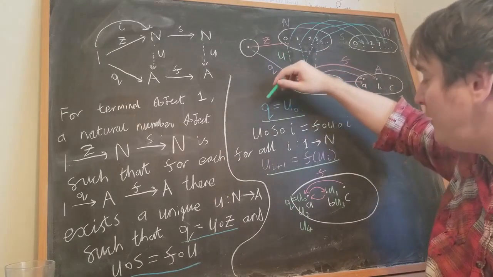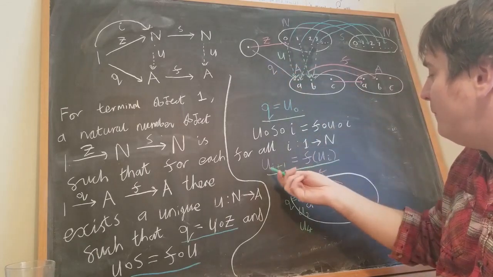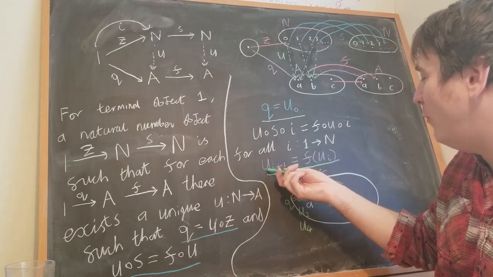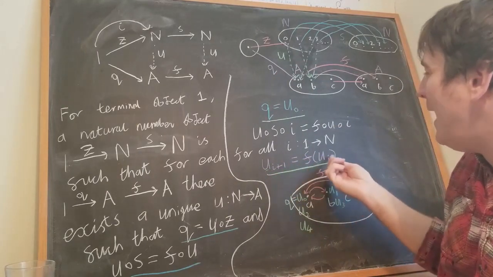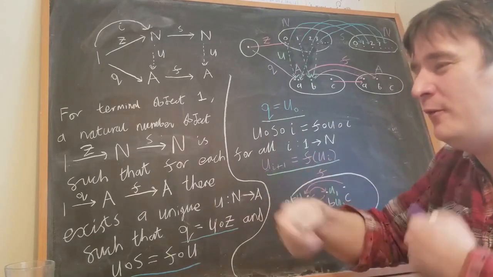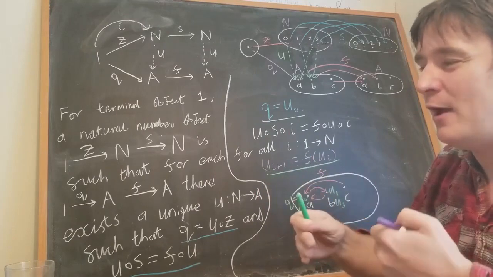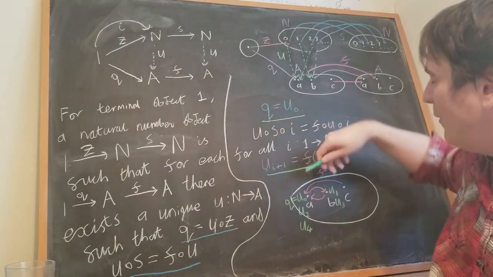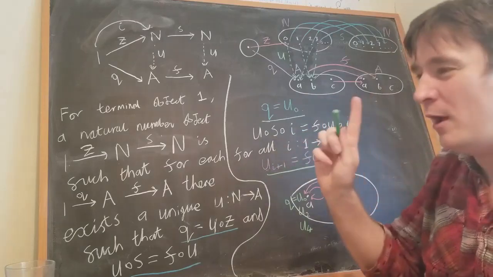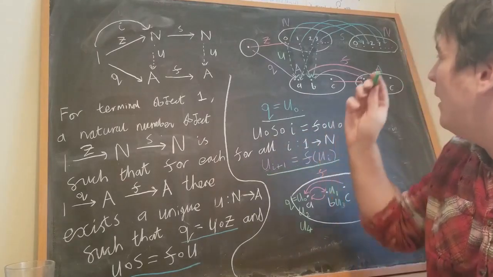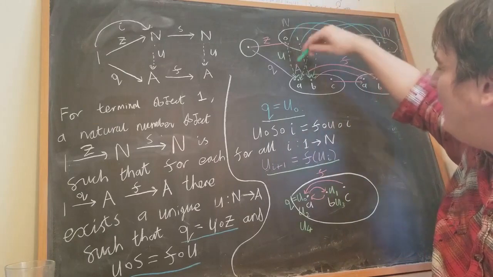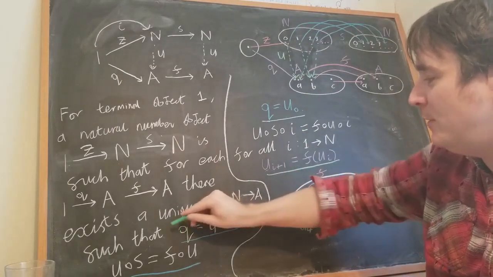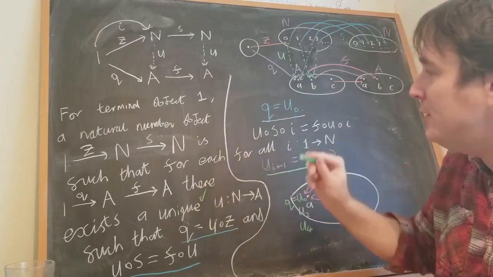We have to send that to q, and then this forces us to pick a particular value of u of 1, f of q, and then u of 2 is f of f of q, and so everything is forced. There's only one function u from N to A that makes this work. So we do indeed have the uniqueness here.